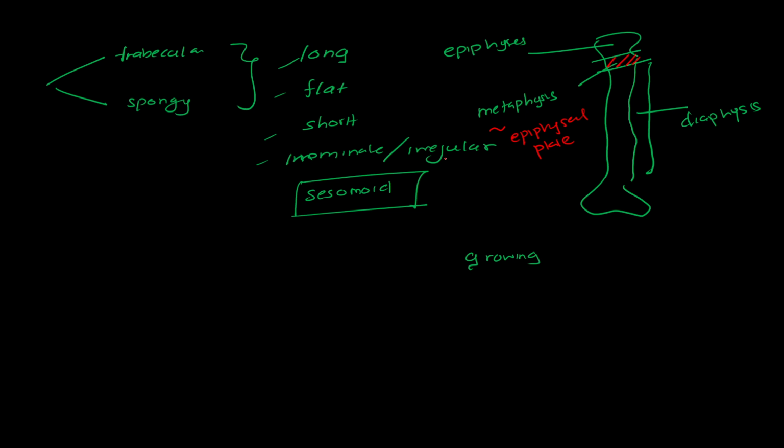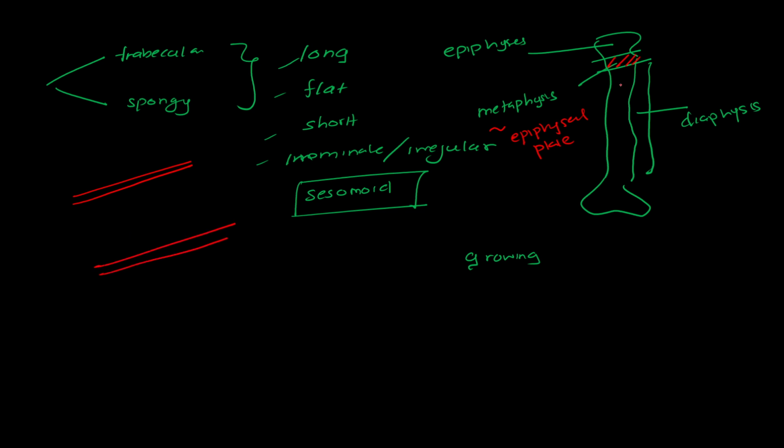Right. So epiphysis, diaphysis. But if you look closely at the flat bones, which are seen in the skull and in the sternum, in a flat bone you would see two plates.